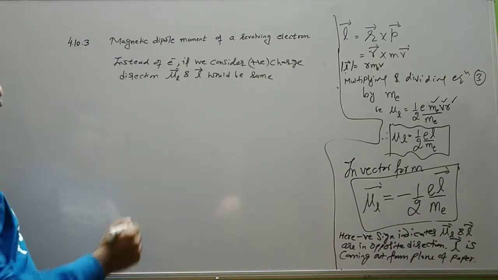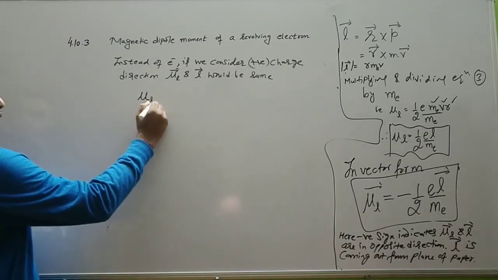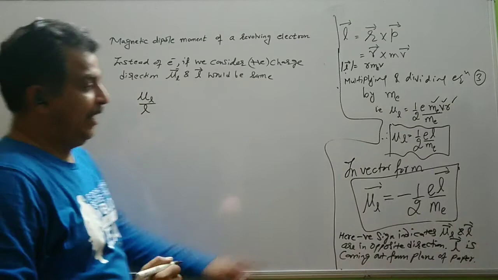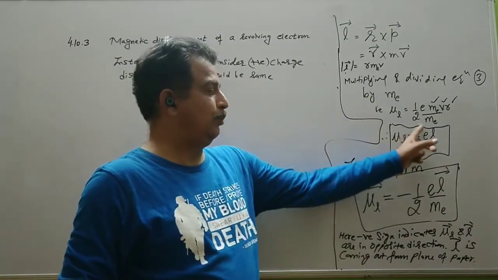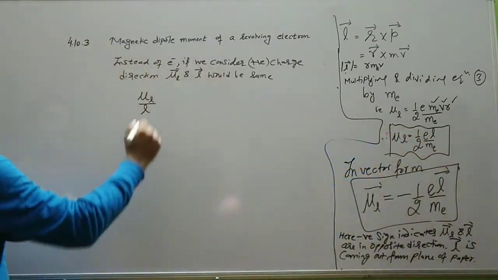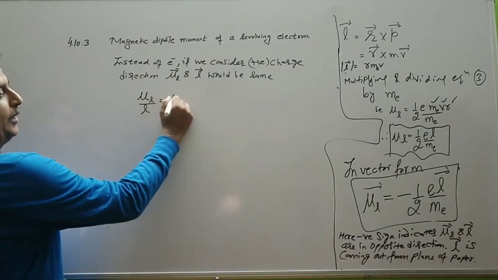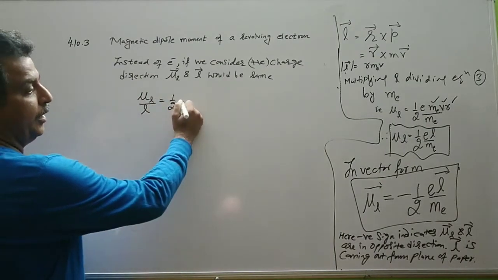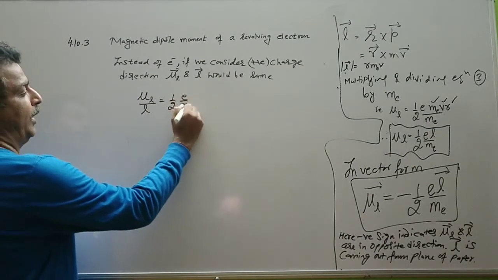Now in this situation also, mu L upon L can be written as a ratio, that is half e upon m e.